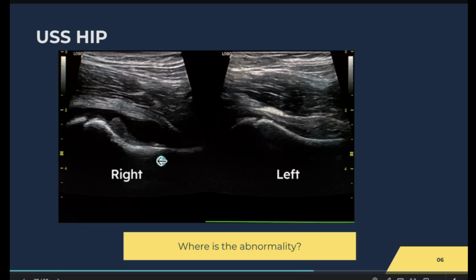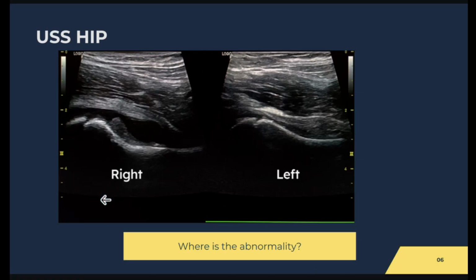So can you tell me on which side the abnormality is? Okay, so we have right and left. Can anyone maybe think of a reason to back their opinion?